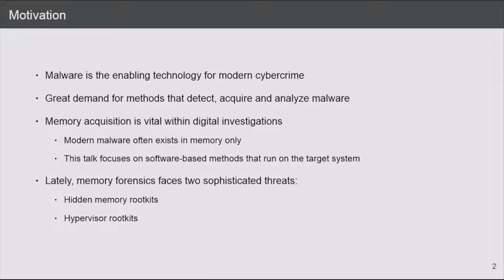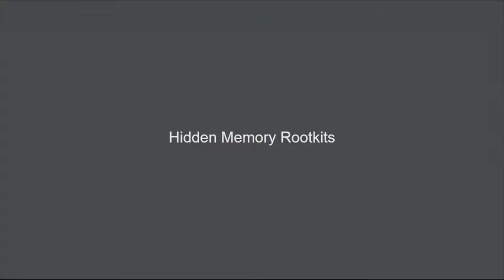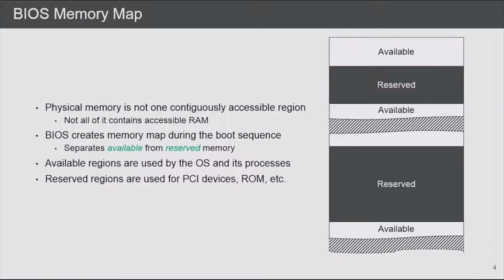And lately, we've seen that memory forensics has to face two new sophisticated threats, which are on the one hand hidden memory rootkits, as well as rootkits that subvert hypervisor technology. So let me start off with hidden memory rootkits, which requires introducing the concept of hidden memory first.